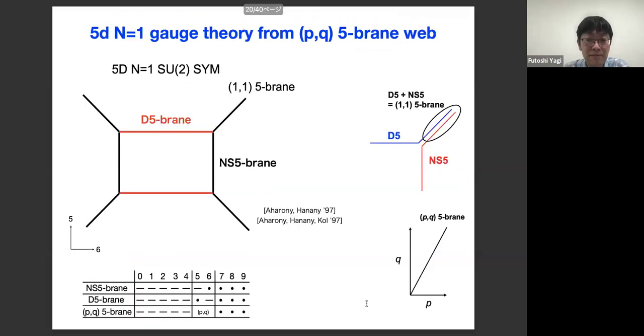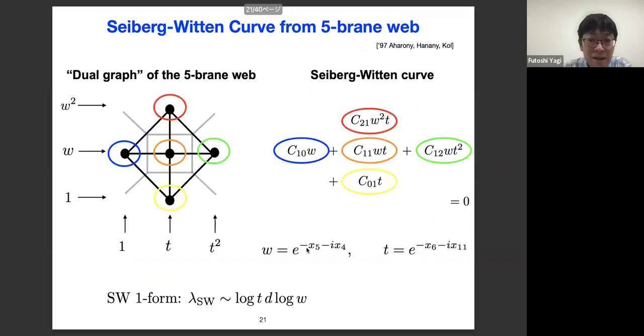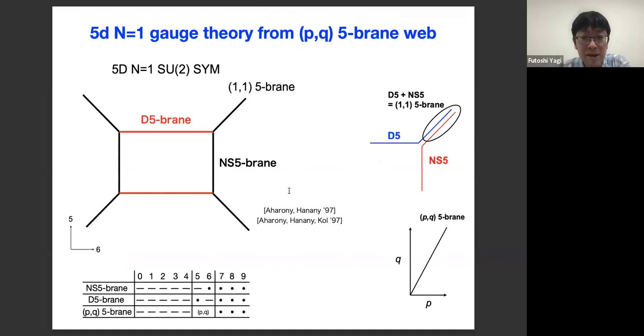So this is an explanation of the (p,q) 5-brane, but I think I can skip the detail of the (p,q) 5-brane. Anyway, we can write down the (p,q) 5-brane web, for example, for 5D N=1 SU(2) supersymmetric gauge theory.